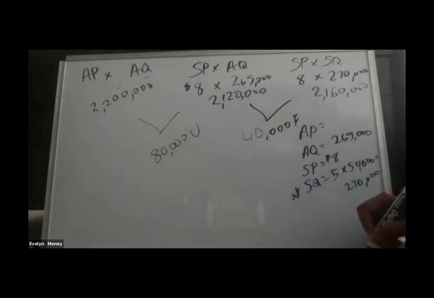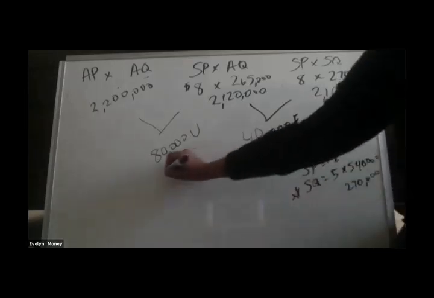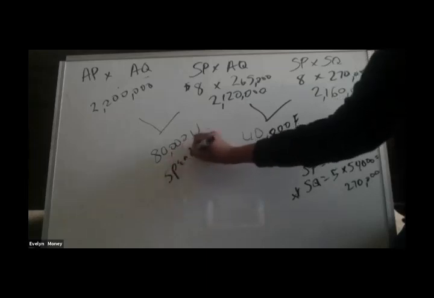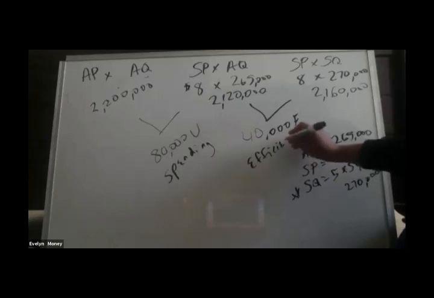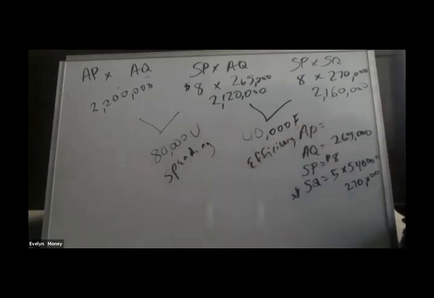Now, when it comes to the overhead variances, we have a spending variance and we have efficiency. Let's see if I can spell. Efficiency variance. We can combine those two and that gives us the overall variable overhead variance.